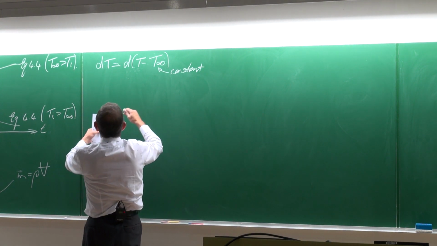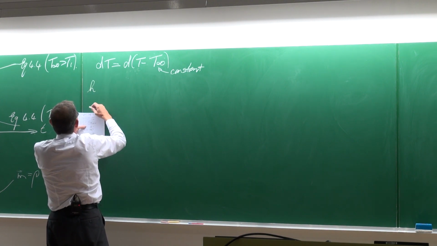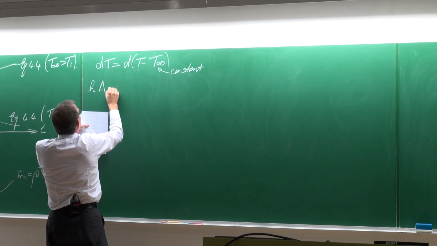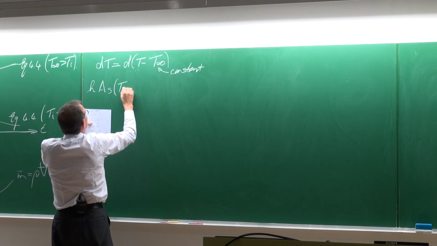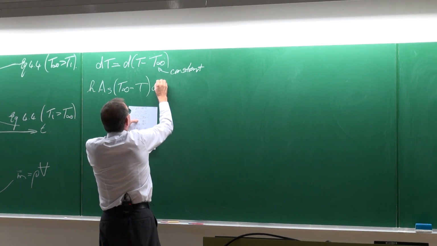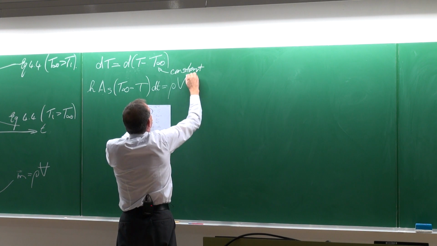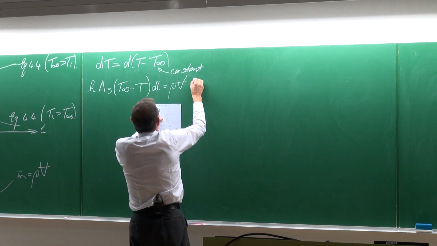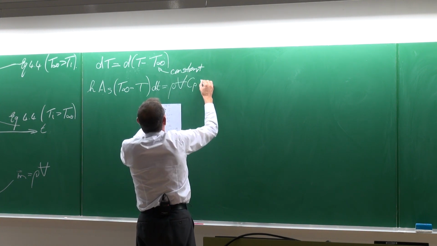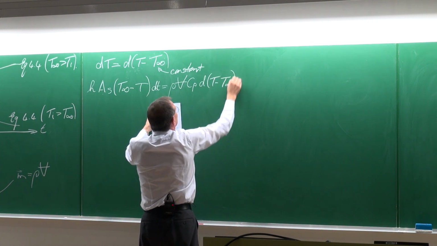So let's just rearrange it, and then we can rewrite it as the heat transfer coefficient multiplied by the surface area, T infinity minus T, dt, is equal to rho V Cp d(T minus T infinity).